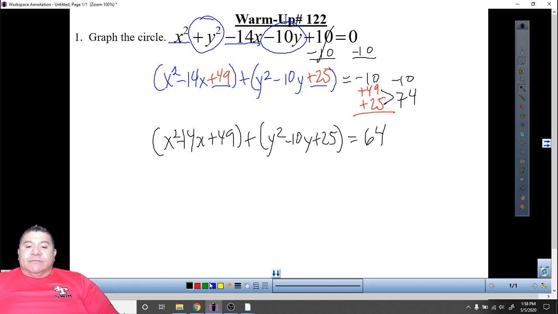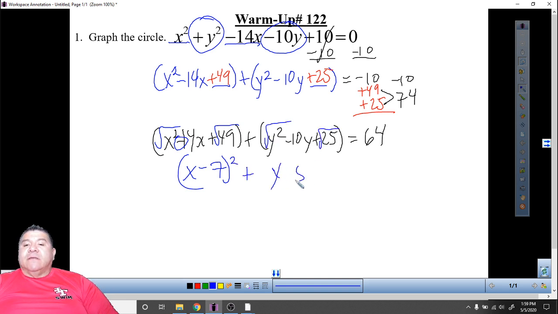All right, so then what's the next step? We need to factor this. So square root of the first, square root of the last, sign of the middle, and this is squared, plus square root of the first, square root of the last, sign of the middle, squared, and we're left with 64. And this is our standard form for the circle. Now, some of you, if you forgot, remember we do the square root because we know that this is a perfect square, so that's why we are able to factor like that.